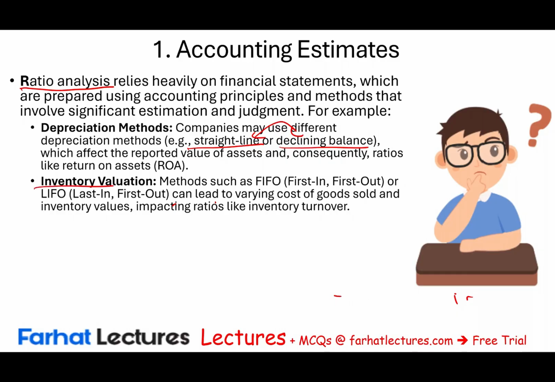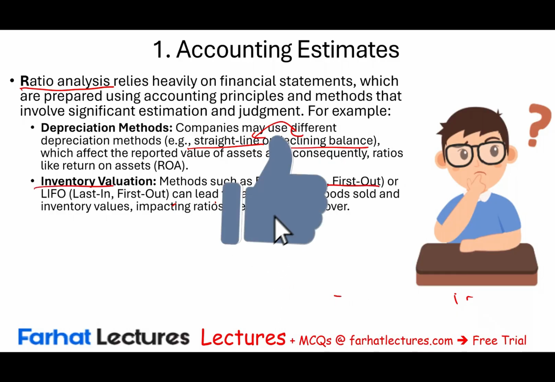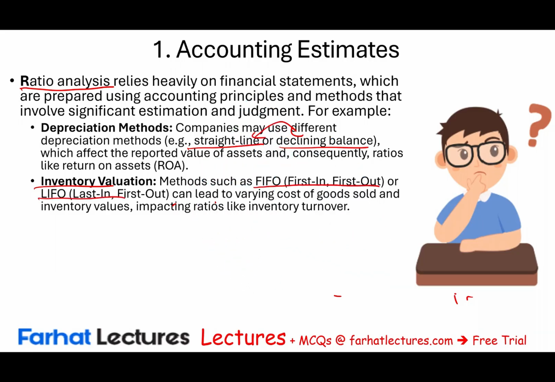Inventory valuation. Some companies use FIFO, some companies use LIFO, some companies use a combination of the two, some companies use specific method. Well, what's that going to do? It's going to lead to a varying cost of goods sold and inventory values.